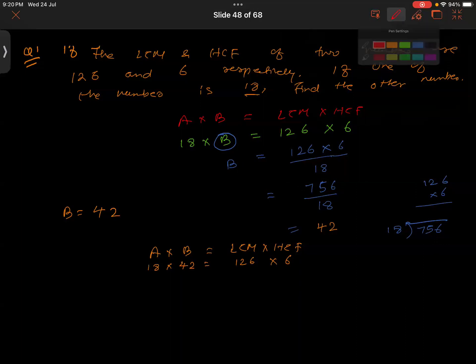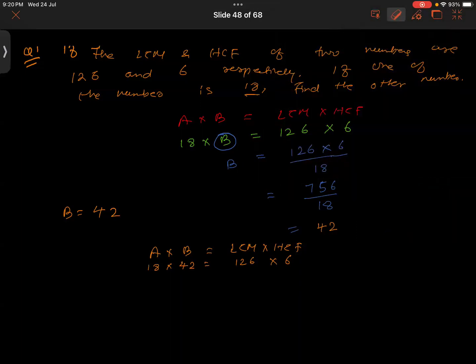So quickly multiply 42 with 18, and 126 times 6 already you know is 756, as you found out moments ago. 18 multiplied by 42. 756.